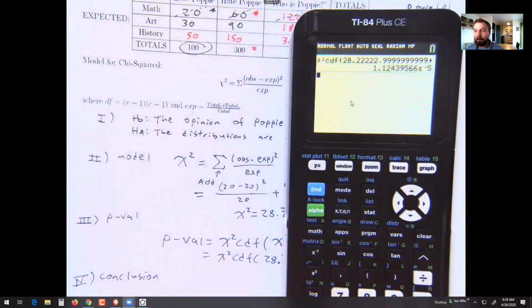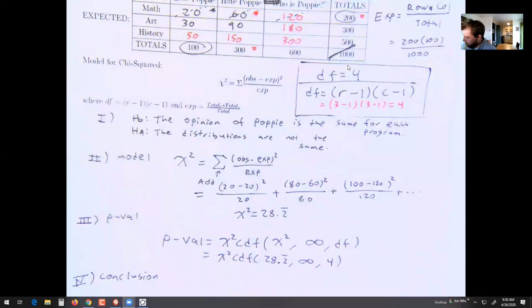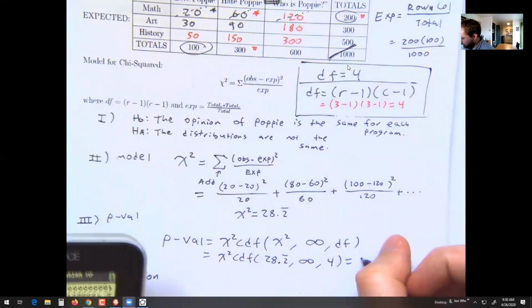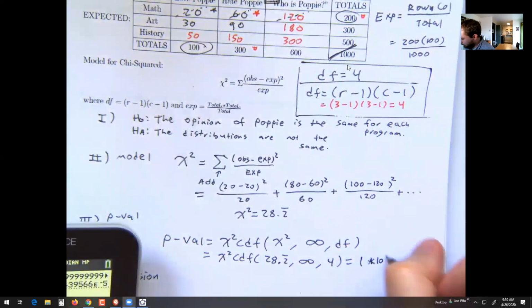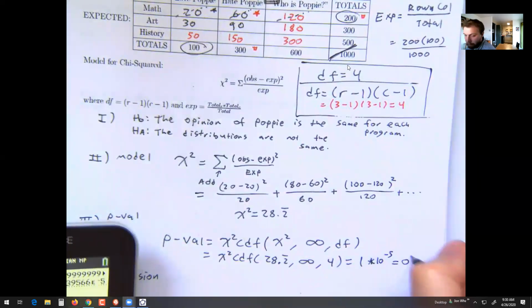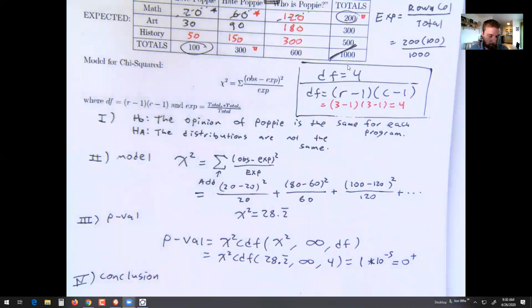And I get, this is scientific notation, so this means move the decimal 5 spots over. So I move it 1 over and then 4 more zeros before that. So I would have 0.00001. This is a really small p-value. This is so small that I might even call this 0 plus kind of small, although it's not unheard of.